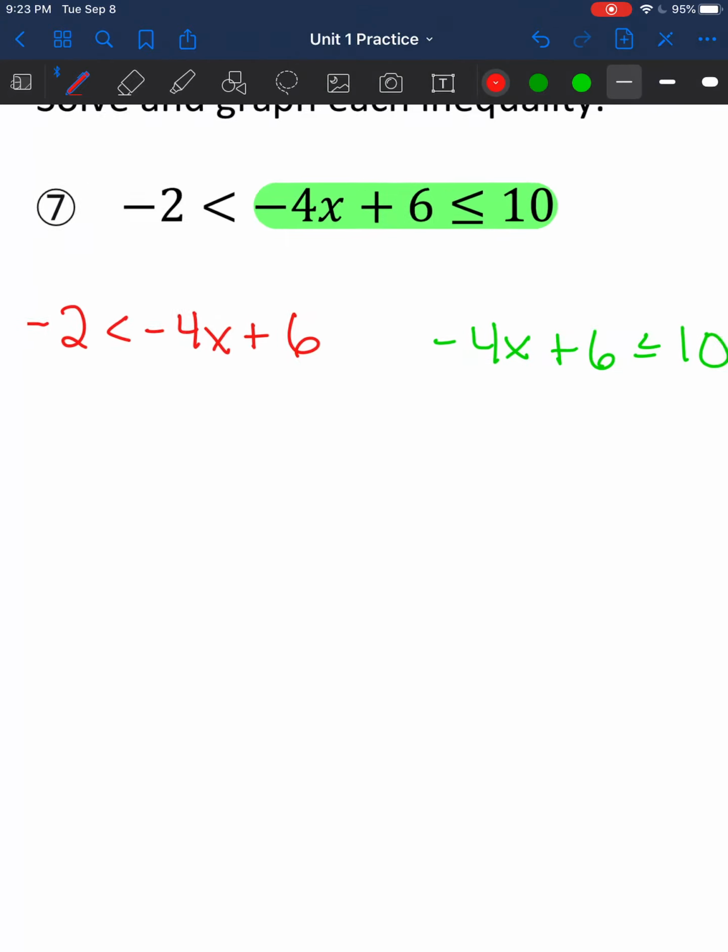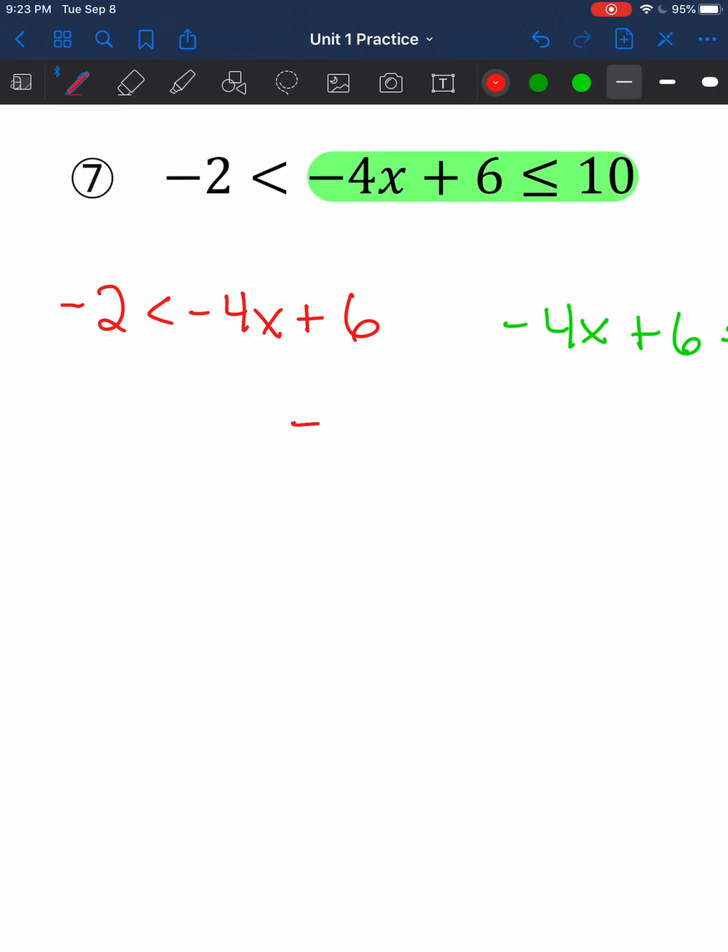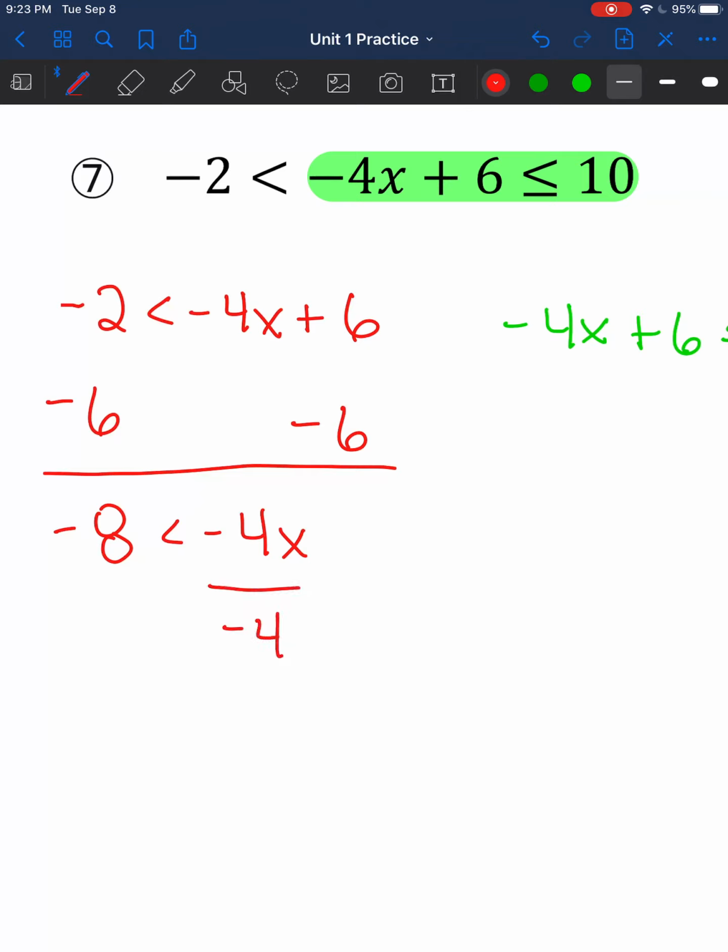For the first one, in order to isolate x, I'm going to take away 6 from both sides. This leaves me with all of my constants on the left and my variables on the right. Now I'm going to divide by negative 4.